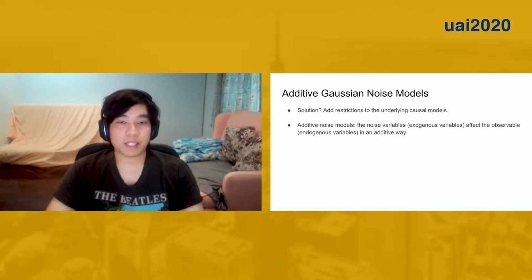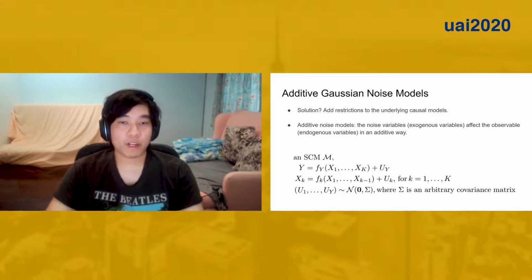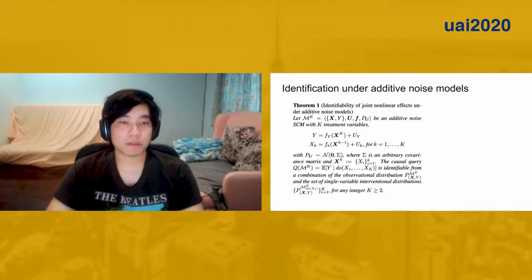Then how do we proceed? The solution is to add some restrictions to the underlying causal models. In particular, we chose to use additive noise models, where the noise variable only affects the endogenous variable in an additive way. We then have this following underlying SEM. We also assume that the noise distribution is a multivariate Gaussian, and again the noise can be correlated, which allows for hidden confounders.